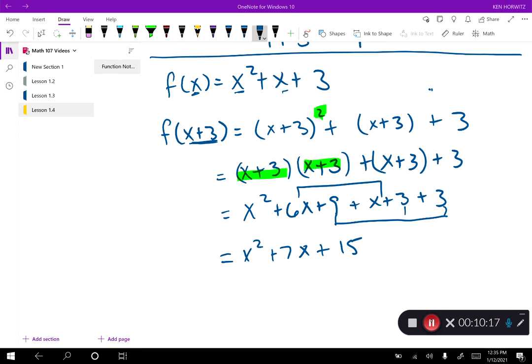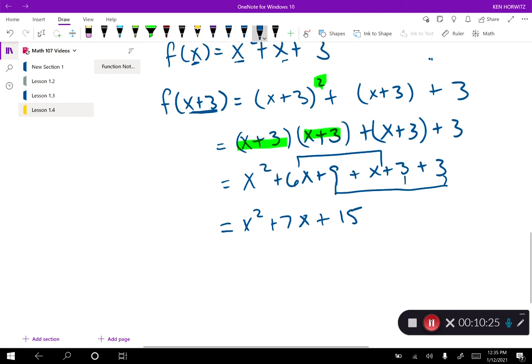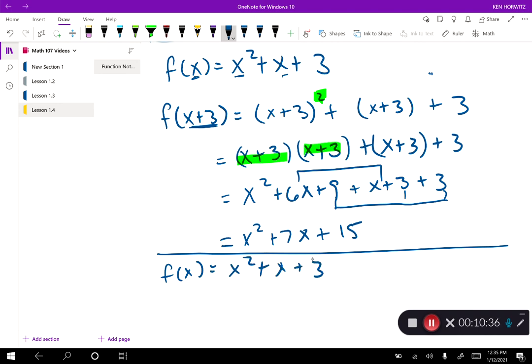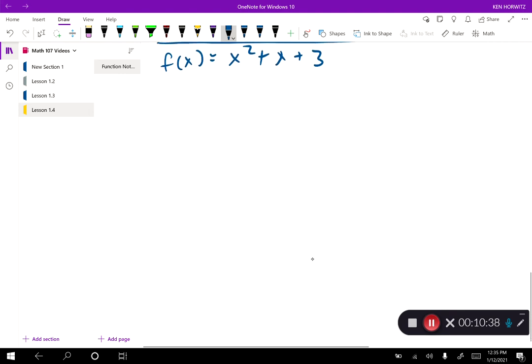All right. So let's try one more. I'm going to give a slightly smaller rule, or actually, you know what? We can use the same rule. Might be good to use the same rule. So I have f of x equals x squared plus x plus 3. And I want to now know f of x plus h.